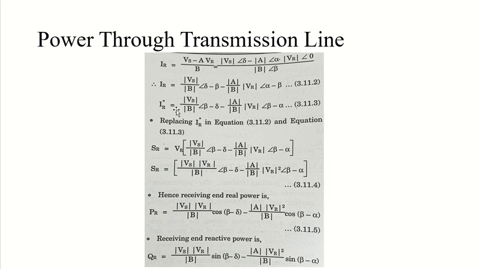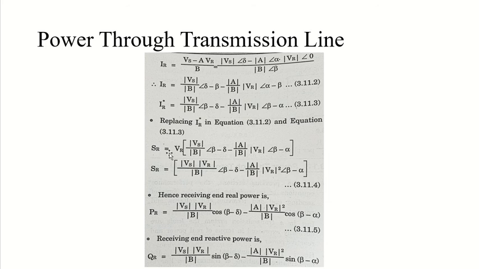So what we did, when we took the conjugate, we reversed the signs of the angles, and by doing that we find the conjugate of my quantity. What was the quantity here? It was the receiving end current. Now we will simply substitute the value of the receiving end current in the equation of my sending end power. So the equation was VR into IR star.